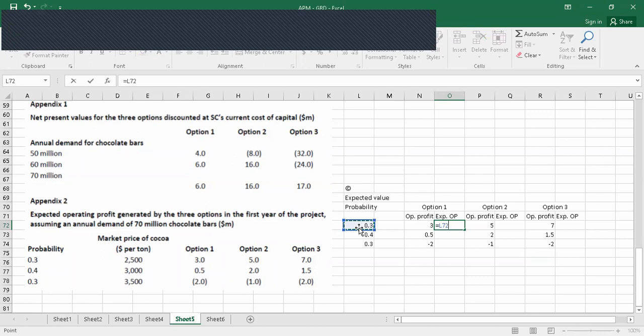Expected profit is probability into the operating profit. Add it up, the sum total of it. So expected value is 0.5 here. And for option 2, it is probability into the operating profit for each of these situations. So multiply that and then add it up. So the weighted average value.